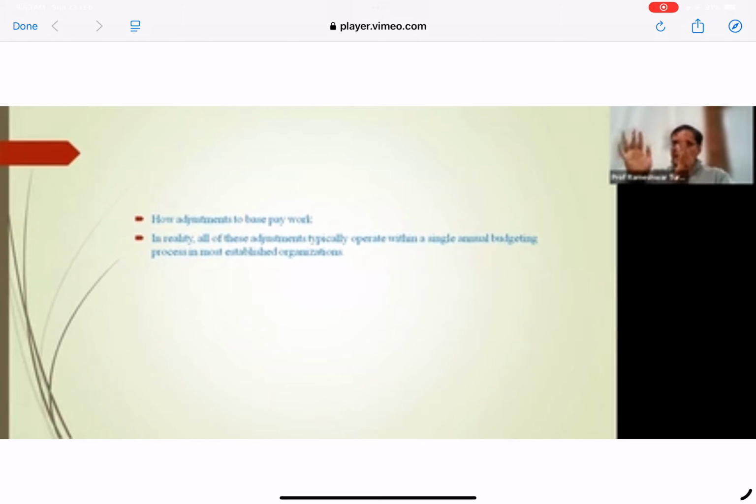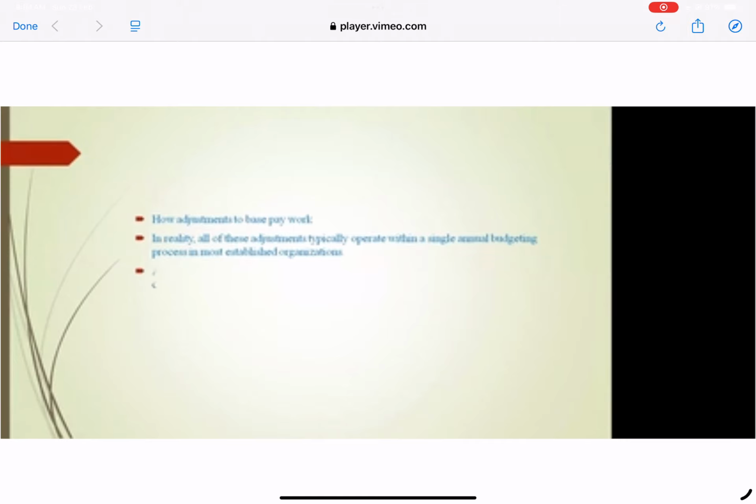From that budget, a certain amount will go for basic pay, everybody's. Okay. A certain amount will definitely go for the benefit programs, allowances. And then a certain portion remains, which is for your incentives, your variable pay based on performance.